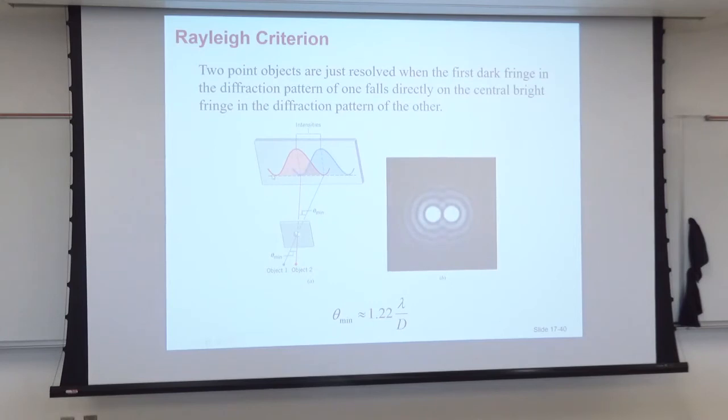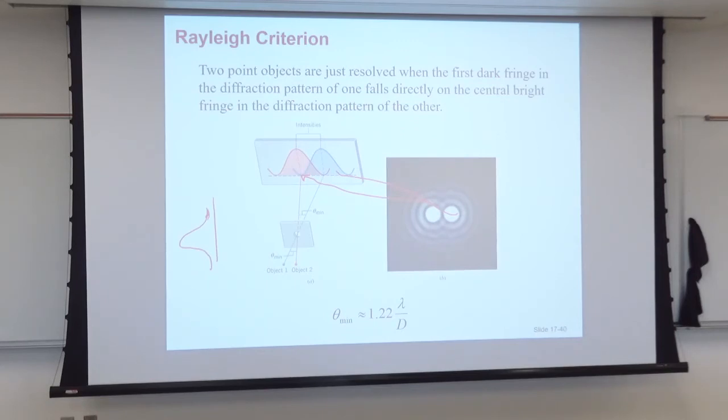Again, I showed you in the previous picture that we can represent the fringes by this kind of pattern. This means the bright one, this means the dark one. So this is the pattern for the first image, and this is the pattern for the second one.